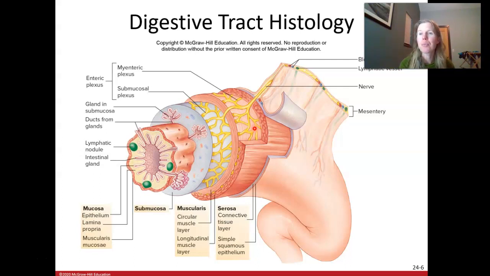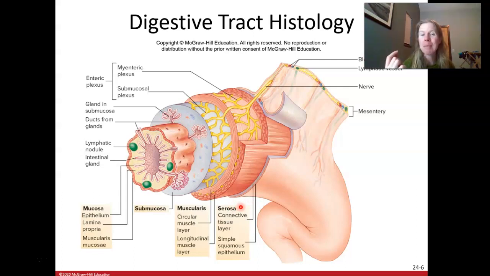So remember, sympathetic is fight or flight, parasympathetic is rest and digest, right? And so it's the parasympathetic nervous system that really increases the muscle tone, increases the activity here in the GI tract.